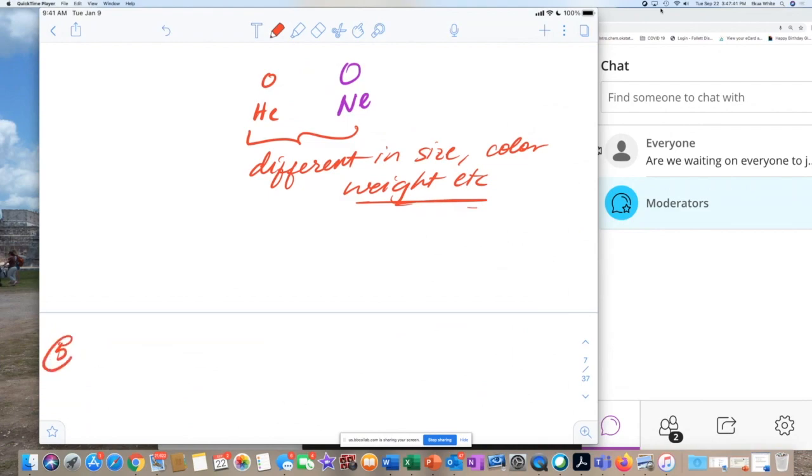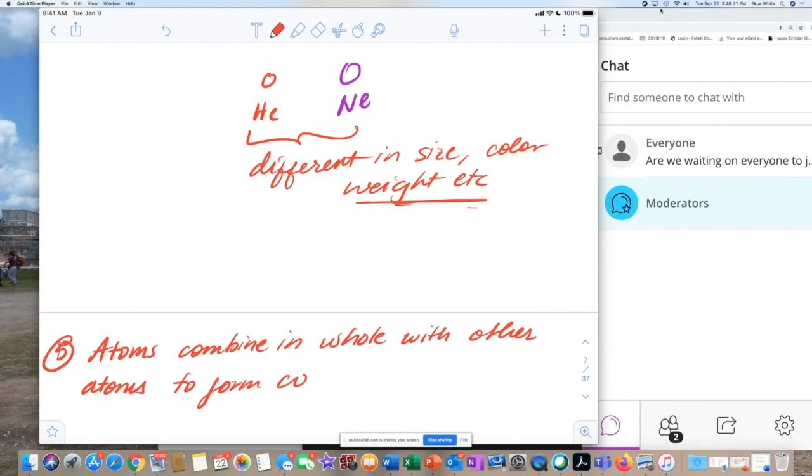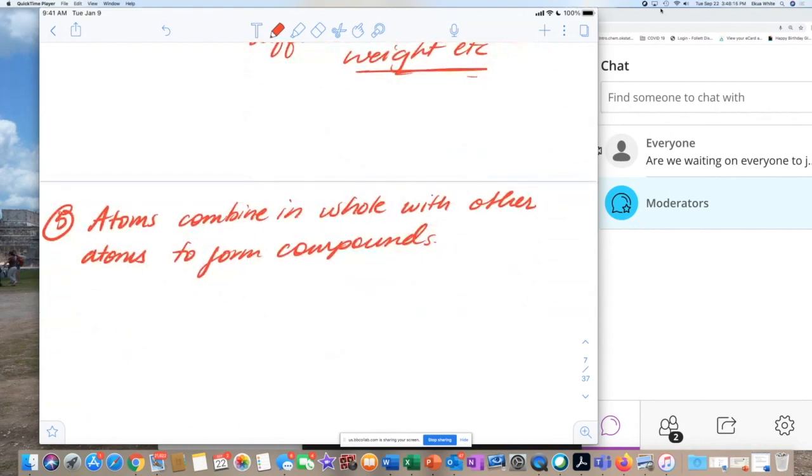So in number five, his postulate says atoms combine in whole with other atoms to form compounds.